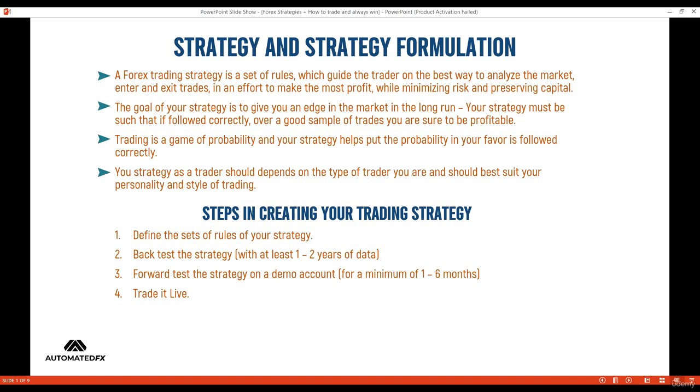And then it should best suit your personality. It means if you are a trader who wants to trade full-time, your strategy should suit your full-time trading desire. And then if you are a trader who wants to trade part-time, maybe you have a 9-to-5 job and you want to just trade alongside your job, your strategy should make that possible. So your strategy should basically suit into how you want to go forward as a trader.